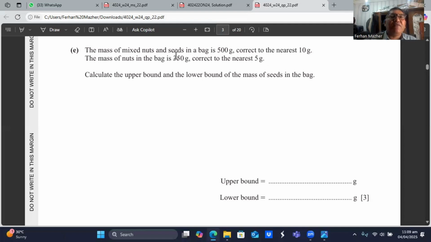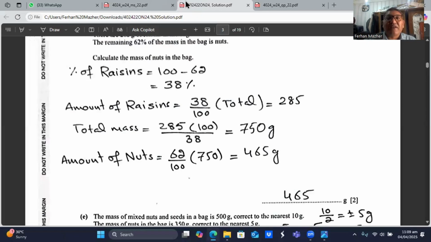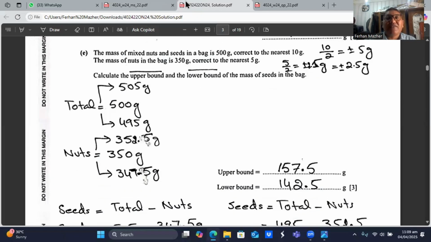So in this way, I will find the upper bound and lower bound of the total mass and the mass of the nuts. Then I will subtract them, and from that subtraction, I will find the lower bound and upper bound of the mass of the seeds. So here you can see I have divided 10 grams by 2, you get plus minus 5 grams.